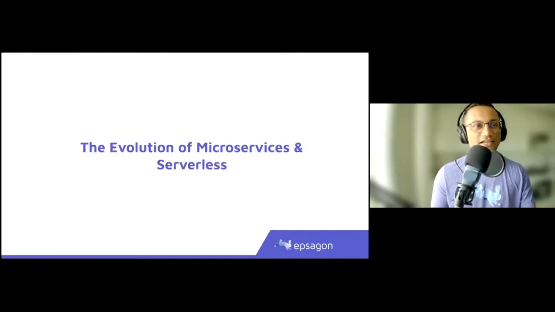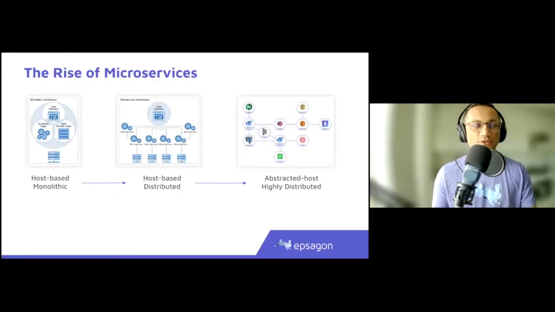So let's get started. As most of you might know, hand in hand with the evolution of software, there has been a massive shift in the architectures world as well. Today, almost 85% of the enterprises are adopting microservices as their primary architecture. You might have observed that the highly distributed modern applications are not built in data centers anymore, but they are built in the cloud.